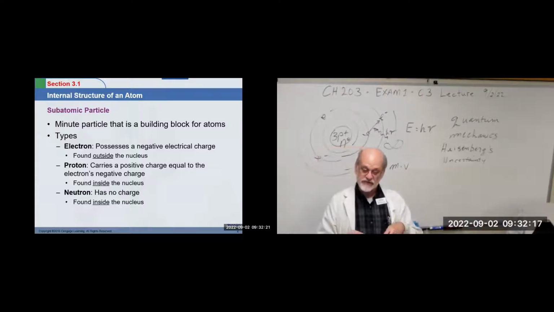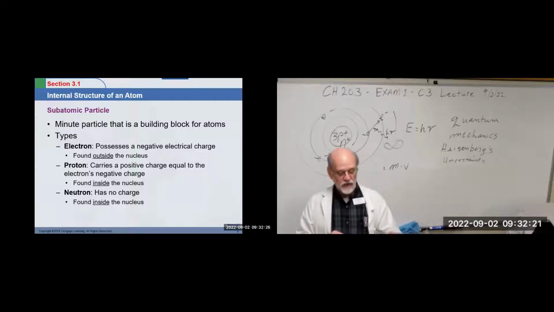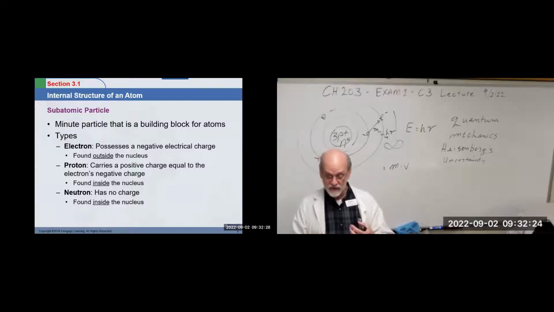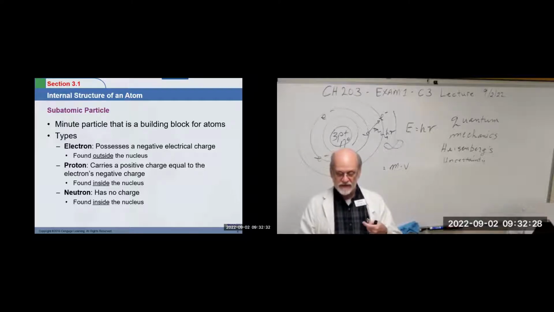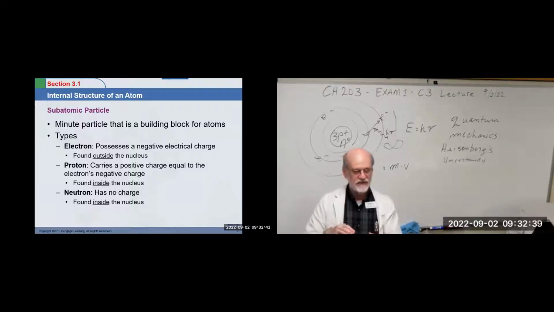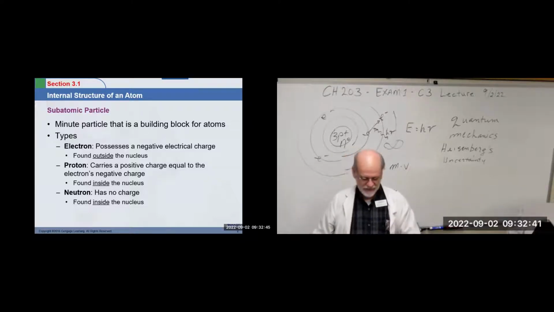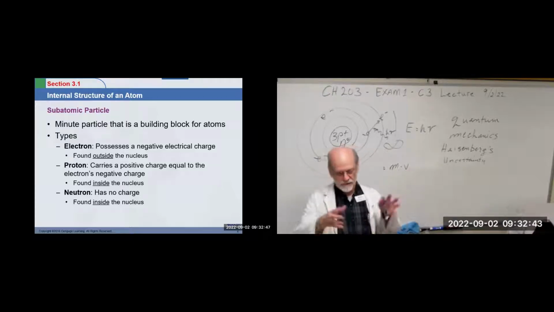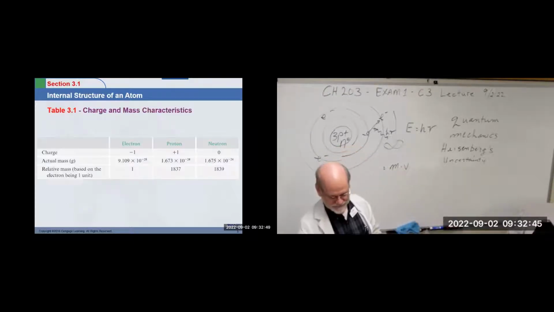And we've discovered from studying radioactivity that those beta particles, the high-speed electrons, when they come from the nucleus, are signaling a change of a neutron to a proton. So there's a little bit of mass that's lost from the neutron. Now it's got a positive charge and a little bit less mass, it's a proton. You don't have to know that. I just throw that out there for those who are interested.